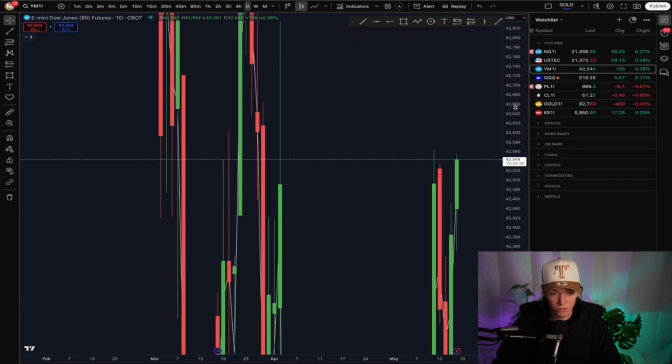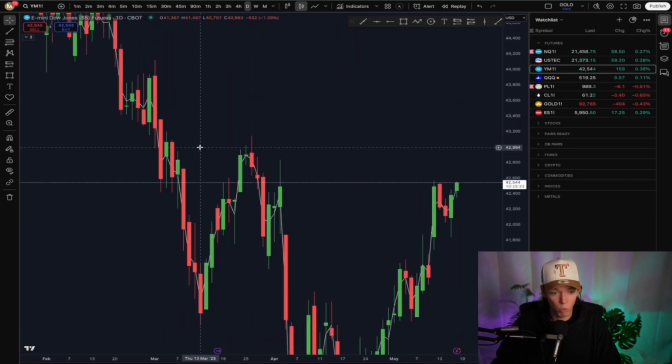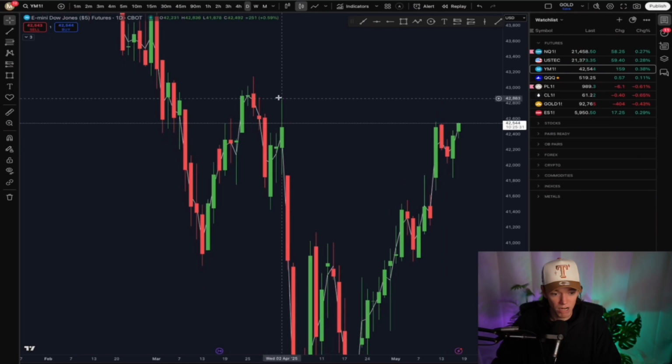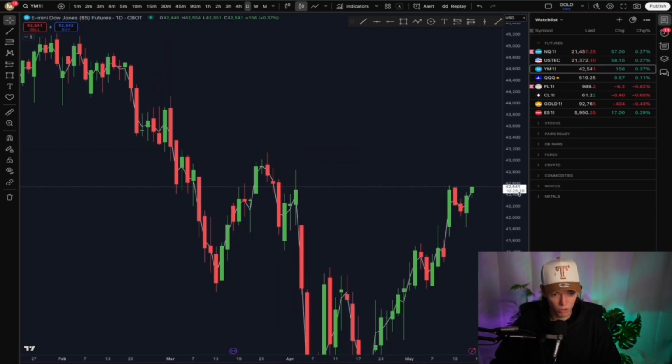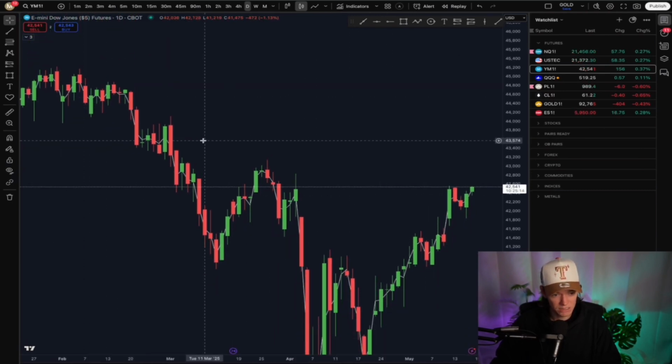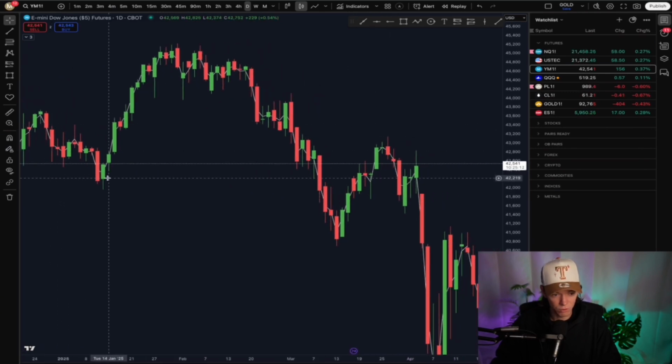The best way to start is to find a point in the market where price has gone lower than the rest of the price action or higher than the rest of the price action. So either a valley or a mountain. So we found a mountain here. Now we notice that price has broken this level here.